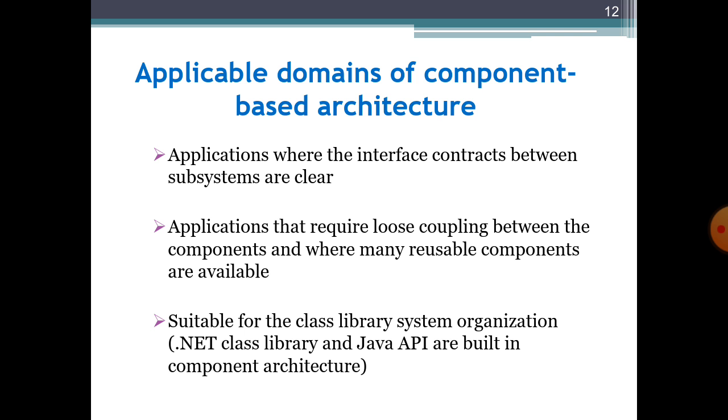Number one was the environment where the interface contracts between subsystems are clear, and those applications which require loose coupling between the components, and where reusable components are available as well. And the last one is that this type of architecture is mostly suitable for class library system organizations like the .NET class library, like Java application program interfaces which are built-in component interfaces. So these are the situations where we can utilize component based architecture.